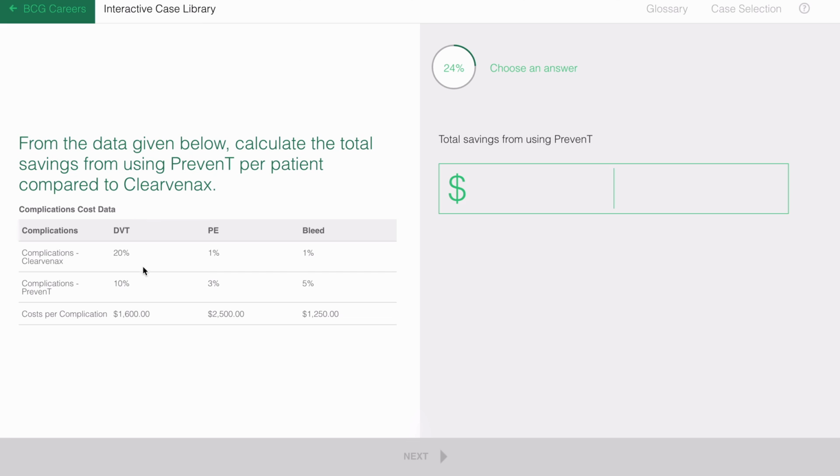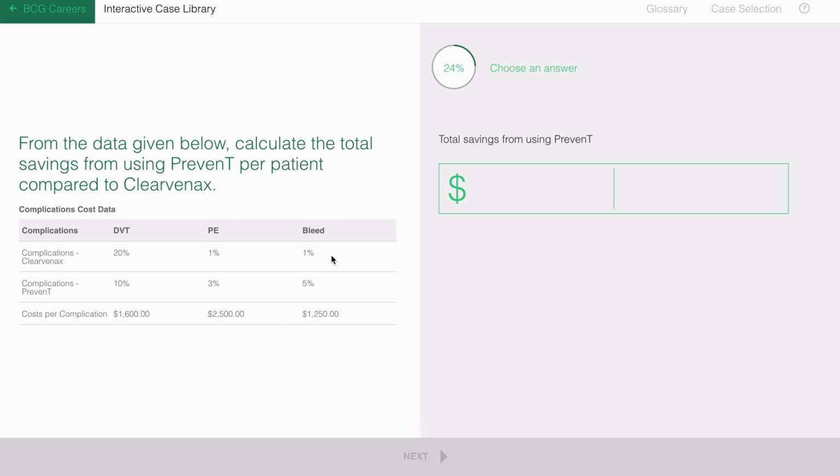If the cost per complication is $1,600, and we reduce the complication rate by 10%, we're saving hospitals $160. Moving on to PE, PreventT actually does worse by 2%, right? So 2% times the cost of complication for PE, which is $2,500, gives us $50. So PreventT actually costs hospitals $50 more because it performs more poorly on PE.